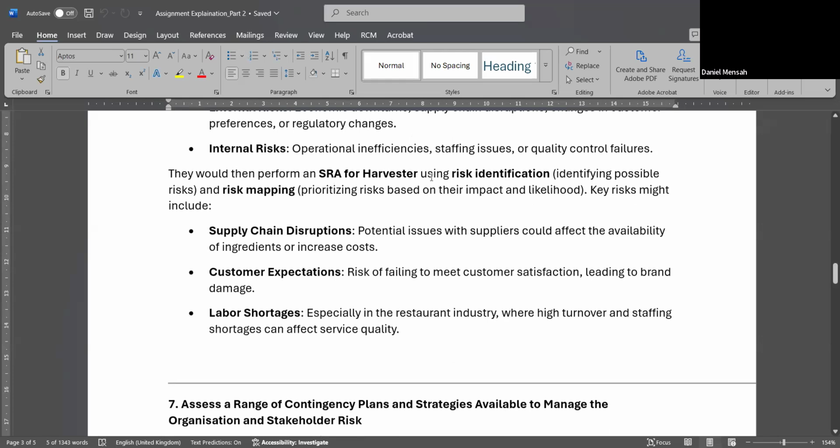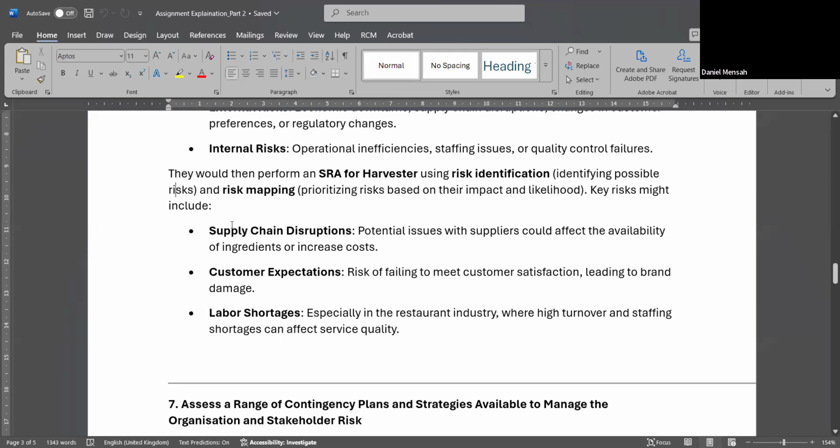To do this, you will be using risk identification and risk mapping techniques. Where in the first column, you will be identifying the risk. Then second column, maybe you are mentioning the likelihood of the risk. In the identification part, identify possible risk. So from the harvester perspective, you are identifying which risk exists there.